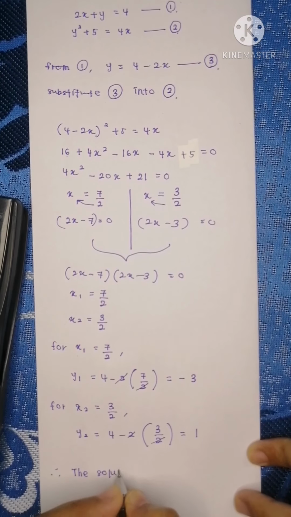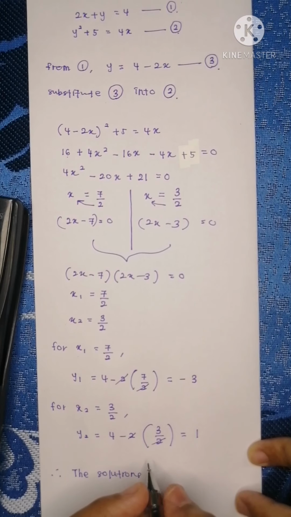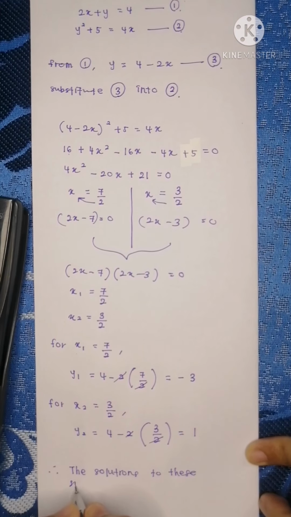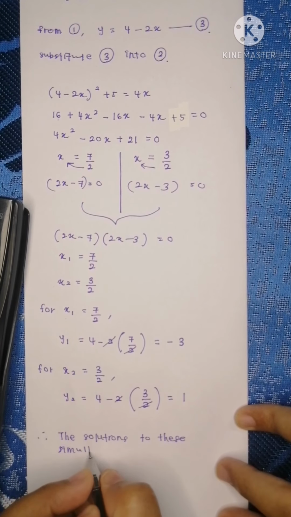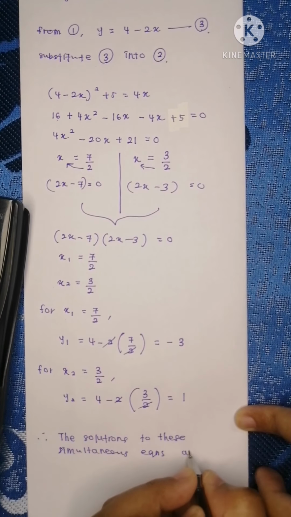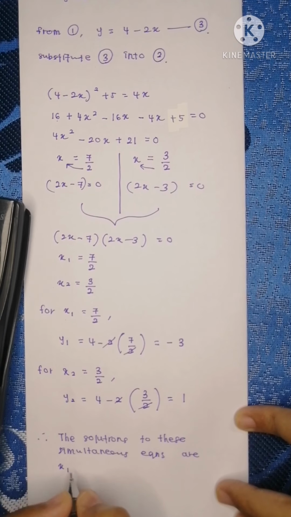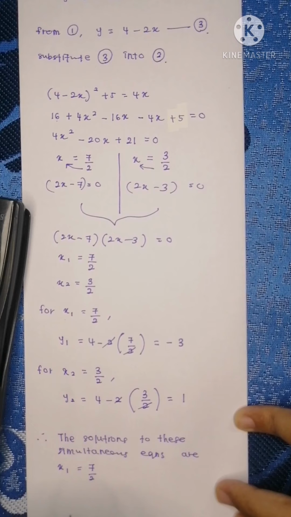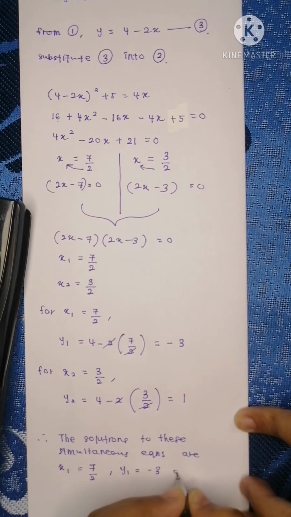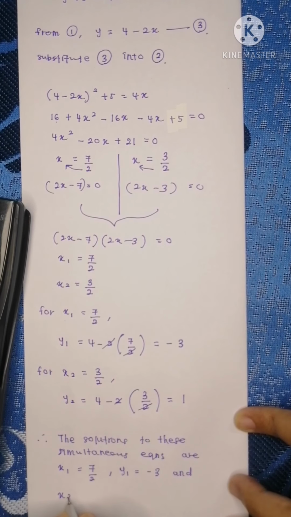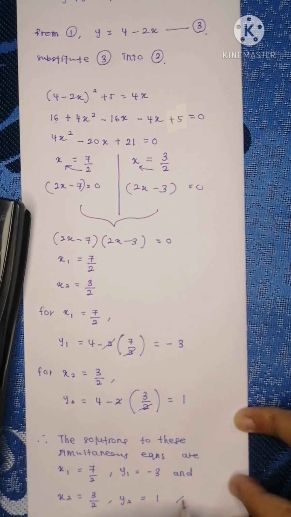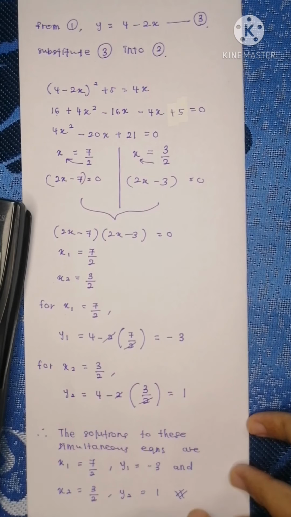So the solution to this simultaneous equation are, okay, x1 is equal to 7/2, y1 is equal to -3, and x2 is equal to 3/2, y2 equal to 1. So that's it. This is our answer.